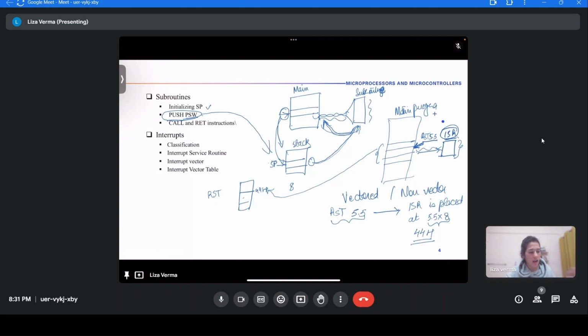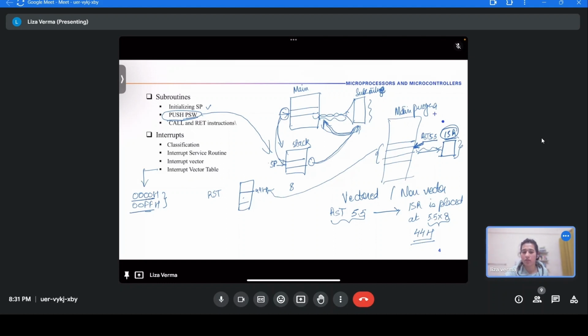See, the interrupt vector table gives you the addresses for all the routines. So this is from 0000H to 00FFH. I also explained this in class that all the ISRs are between these addresses only.